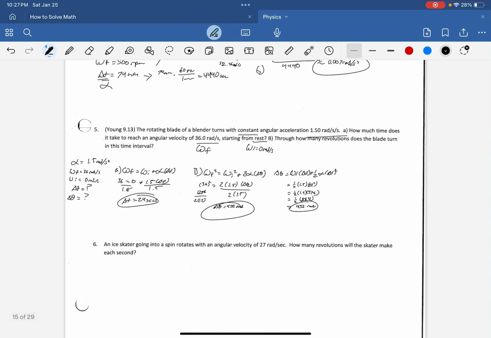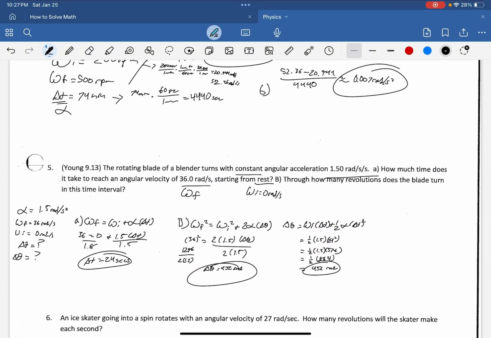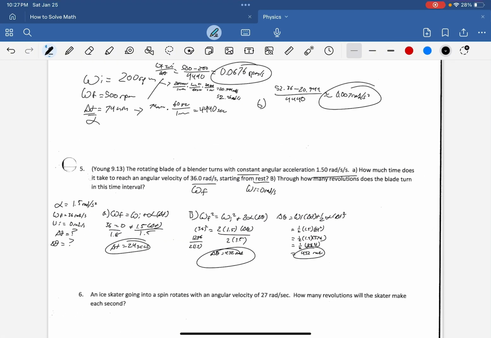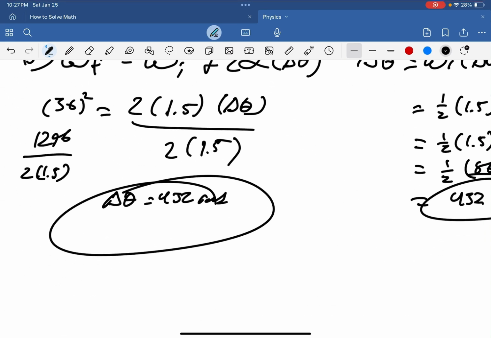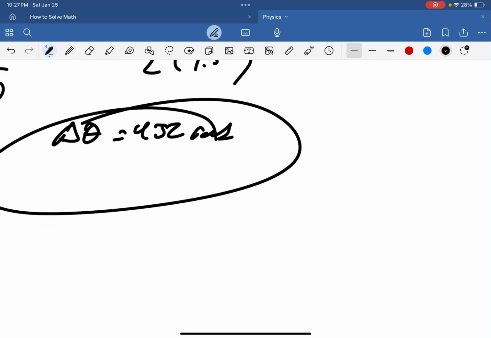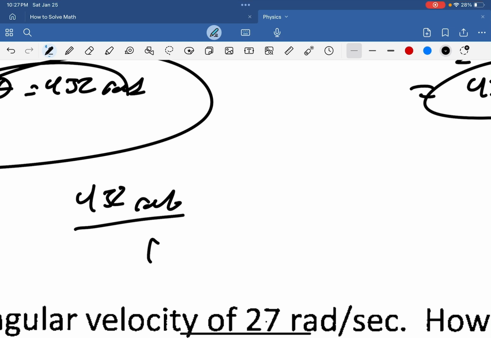My apologies, guys. Wait, hold up. Okay. Sorry. I just need to convert this into revolutions. So 432 radians over 1, we're going to multiply by 1 rev over 2 pi radians.